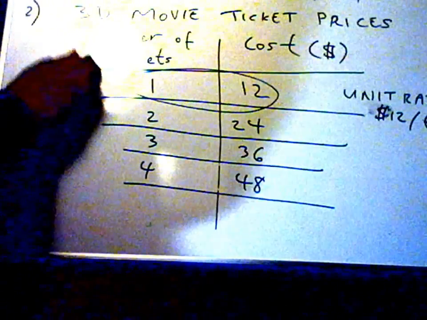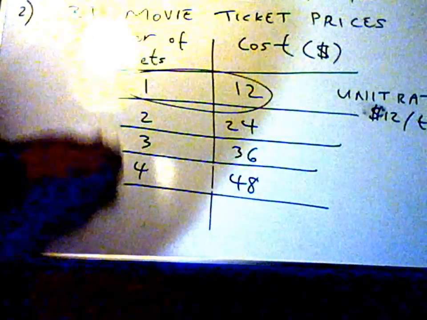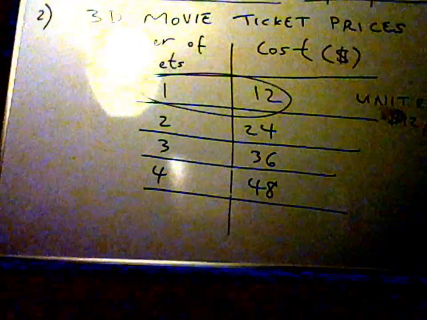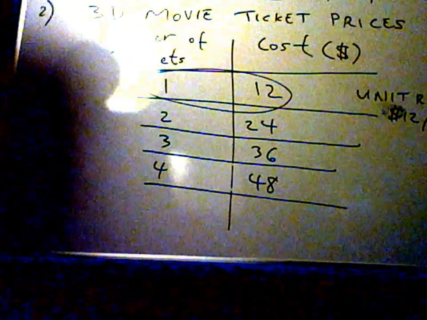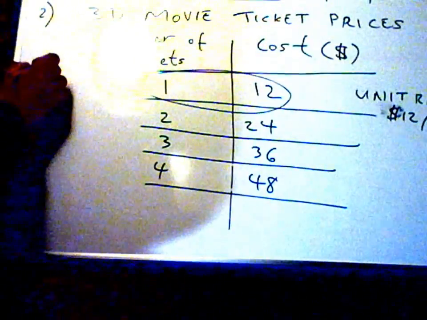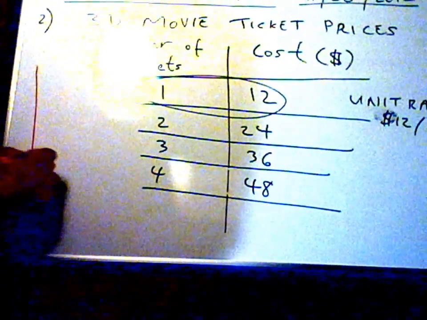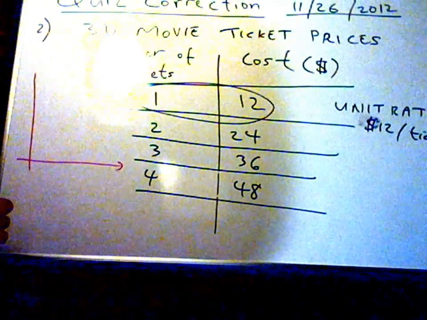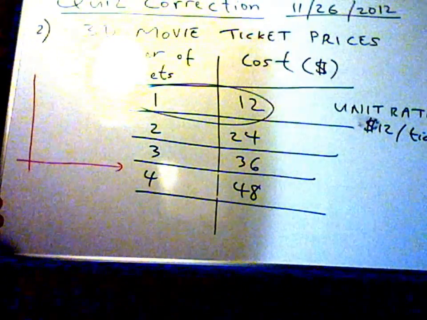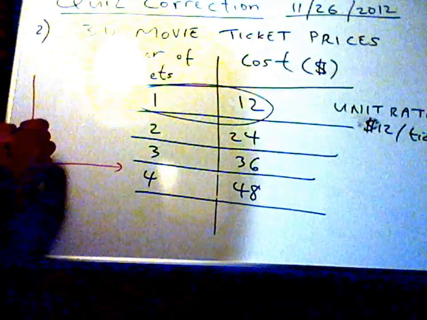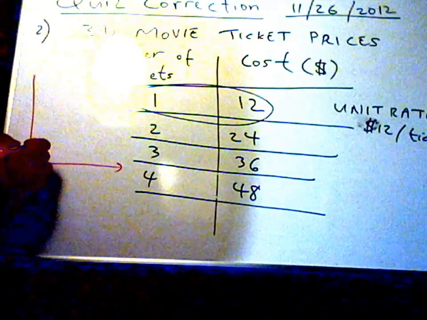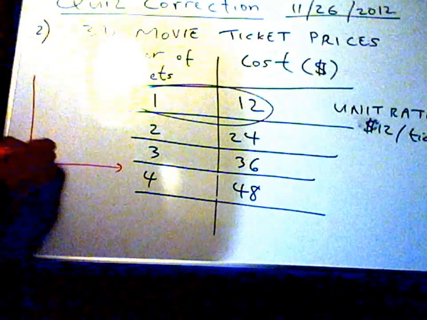And I'm going to try to see if I can make a graph. Utilize the space as much as possible. So again, I need a y-axis and an x-axis. Since the cost depends on the number of tickets, I'm going to put the cost on the y-axis.